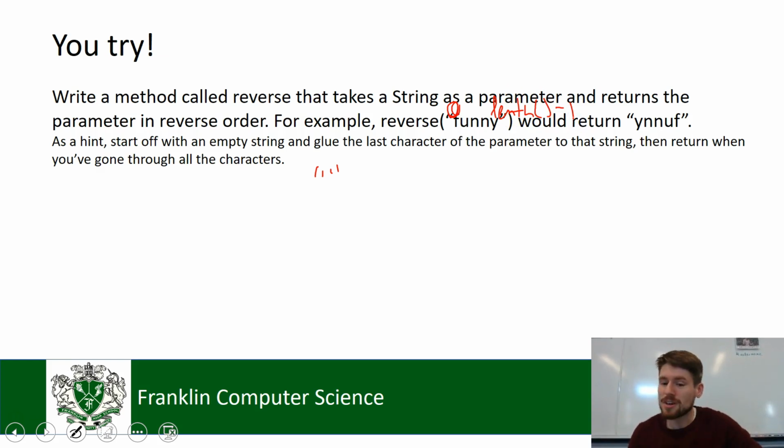So that's how you could start at the end and work your way to the front to get this thing reversed. Now, it's not the only way to do it, and I'll show you another method once you've tried doing it this way. Okay, so pause the video, and then I'll walk through the solution to this.